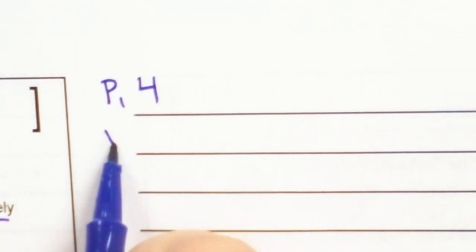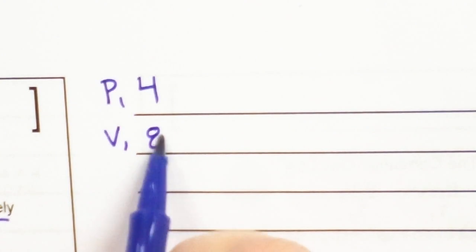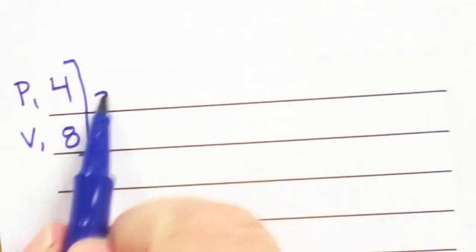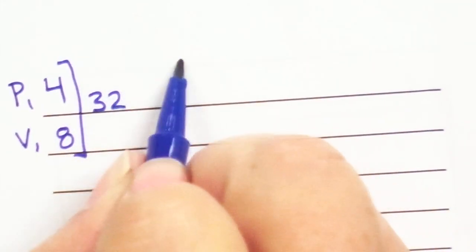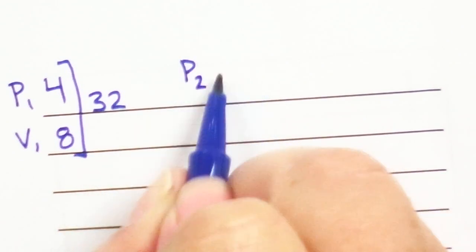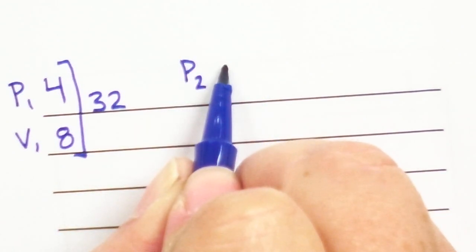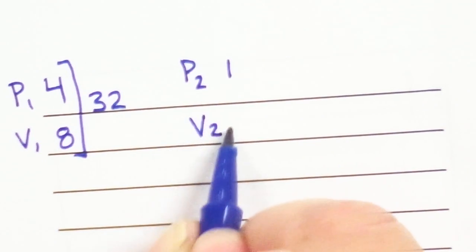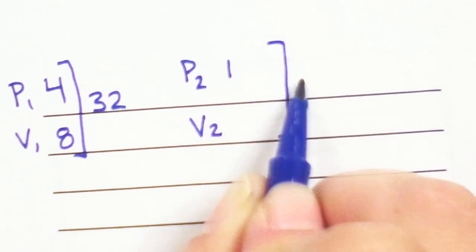So let's say that I have a situation where I have a pressure of 4 and I have a volume of 8. These two combined for pressure 1 and volume 1, right? Make 32. So now I have pressure 2, which is 1, and volume 2, and they have to equal 32.